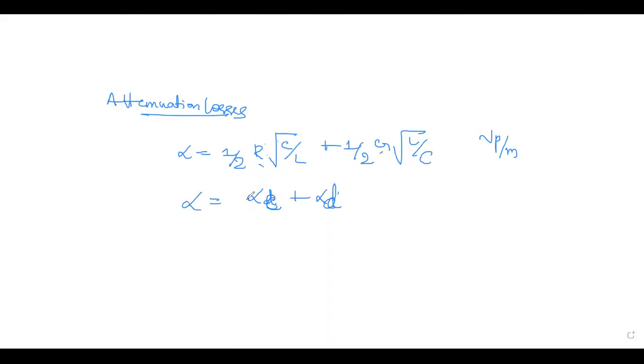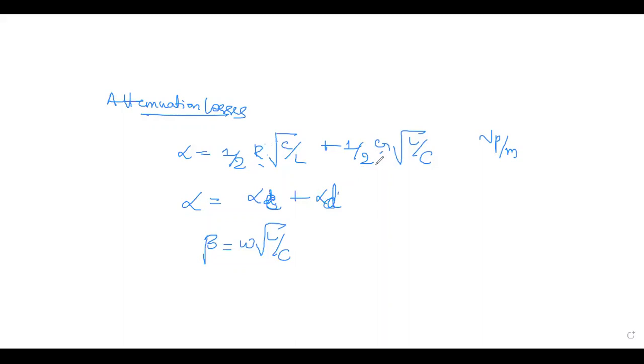So alpha is nothing but alpha C plus alpha D, whereas the beta formula remains the same, that is omega root LC. Even the alpha formula remains, but there you are not taking it as ohmic and dielectric attenuation; you will consider here the ohmic attenuation as well as the dielectric attenuation.